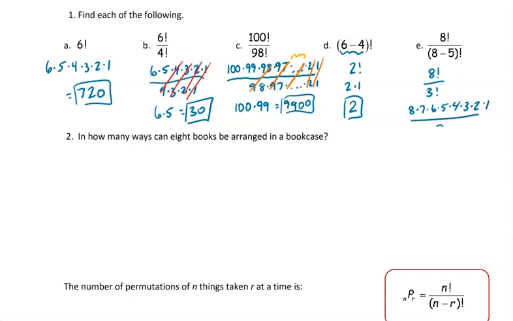On the bottom, it's just 3 times 2 times 1. But we still get to cancel some stuff. And so if we just multiply out the 8 times 7 times 6 times 5 times 4, we should get 6,720.